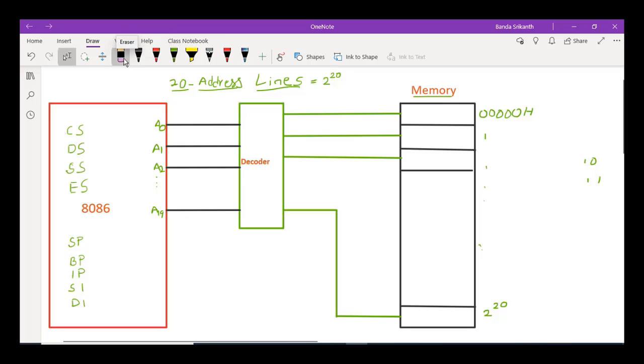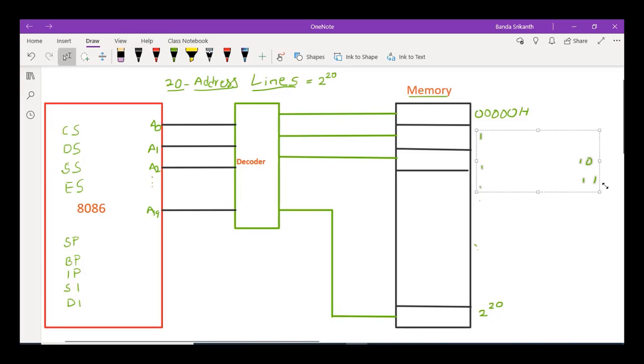Now you catch the point. The memory address is 20 bits, but in the 8086 processor, all the registers are 16 bits in size only.